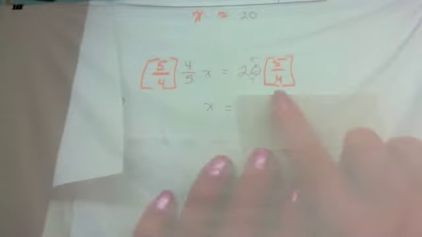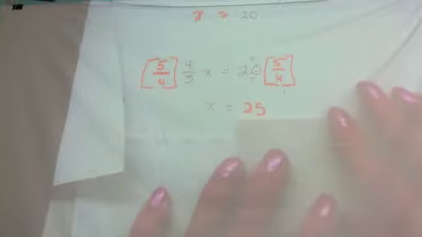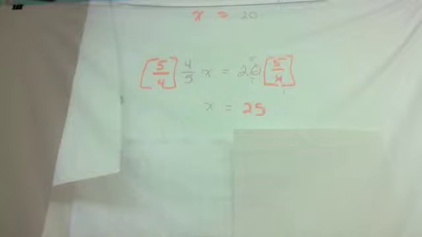Everything turns into 1s, and I have x by itself. And then I'm going to simplify. The 20 is in the numerator, so it's like it's over 1. So this 4 simplifies with the 20. 4 goes to a 1, 20 turns into a 5, and 5 times 5 is 25. And there's a 1 in the denominator, so I know it's a whole number.